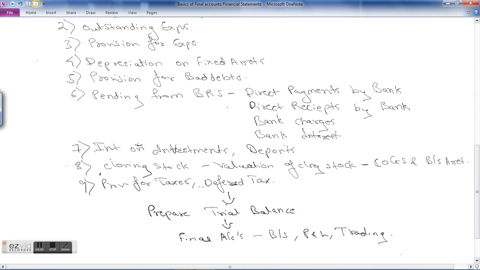First you post all these entries, then prepare a trial balance, and then prepare your final accounts.